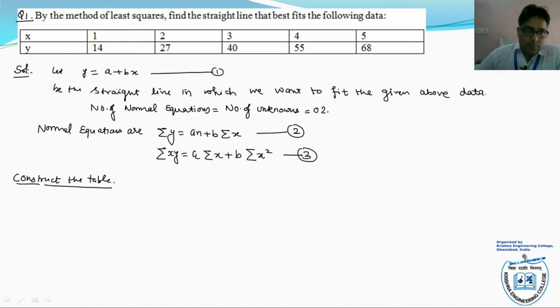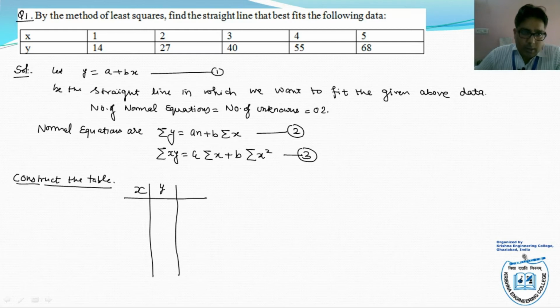So make the table with the columns corresponding to sigma x, sigma y, xy, and x square.